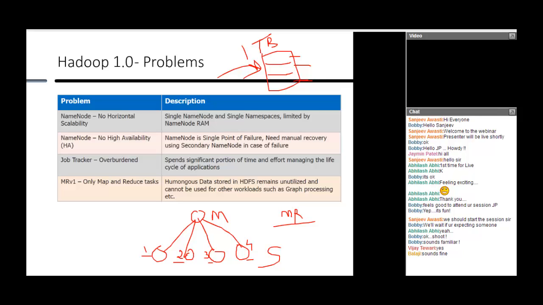When these programs are written, the master node distributes them to each and every DataNode where your data is stored. They will be distributed in the form of mappers, map 1, map 2, map 3, like that. And by the way, MapReduce programs follow a divide and conquer strategy.